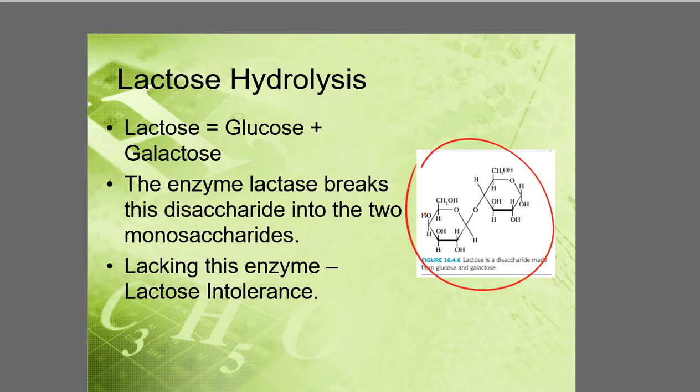It's not going to be able to lock into the active site of the disaccharide and weaken that bond and hydrolyze the molecule at all. So those people that are lactose intolerant either completely lack or are not able to produce enough lactase enzyme.